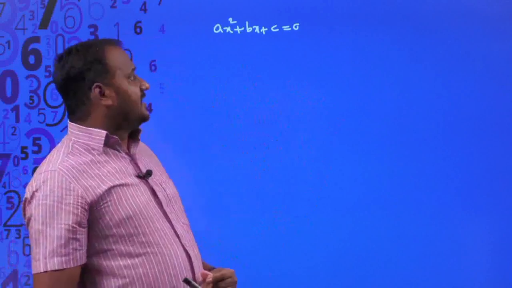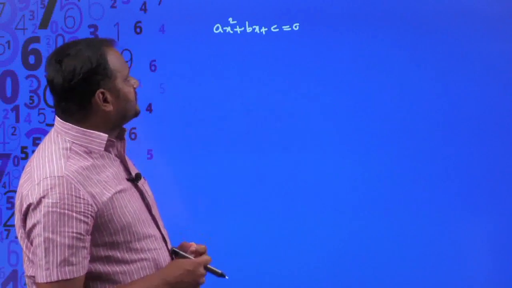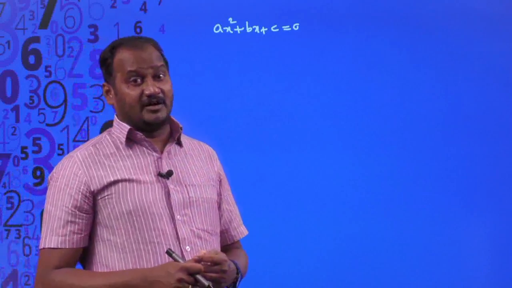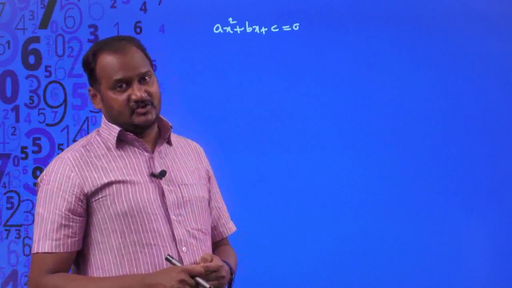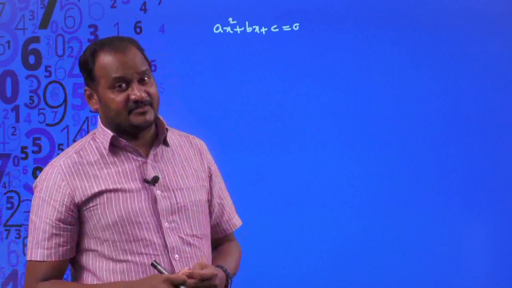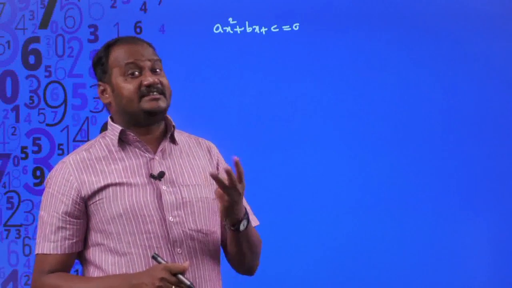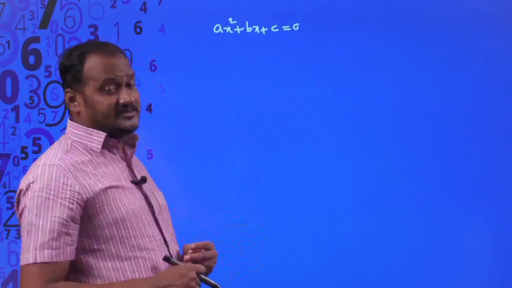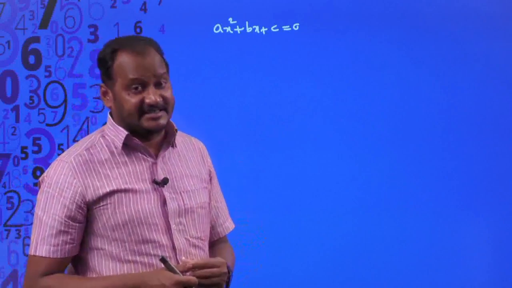So by default ax square plus bx plus c equal to 0 is the standard form of quadratic equation, right? Now I am going to find the roots of this quadratic equation by using our algebraic identities. We have some algebraic identities which have three terms in their expansion. Which identity has three terms in its expansion?